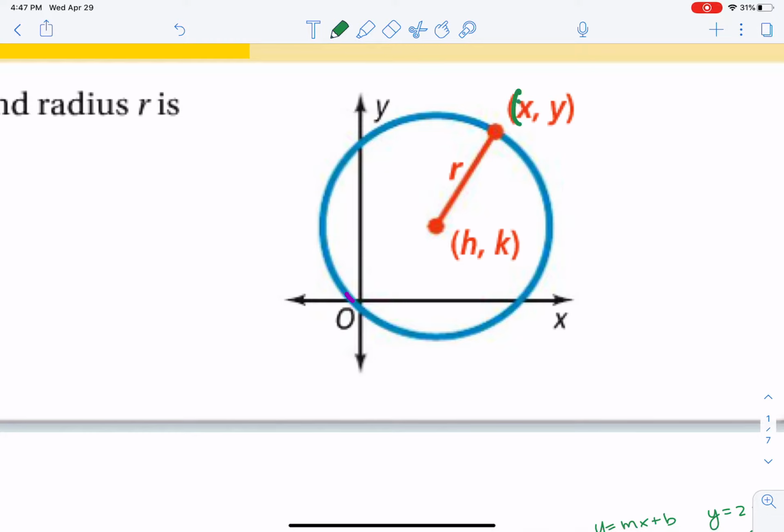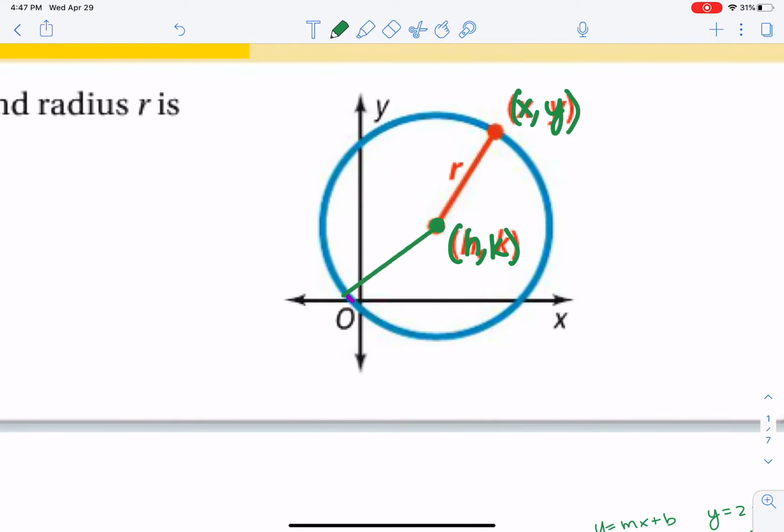So you are going to have x and y, and then for the circle, they call it h and k, the center of the circle. The radius is the same all around this circle, and it's the distance between the edge of the circle and the center of the circle.